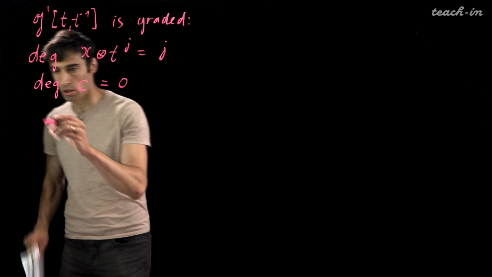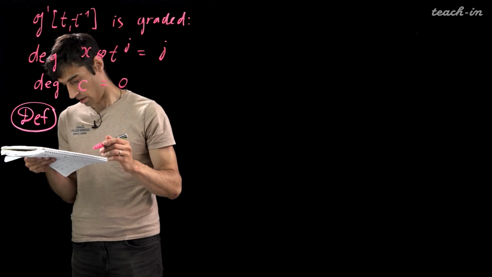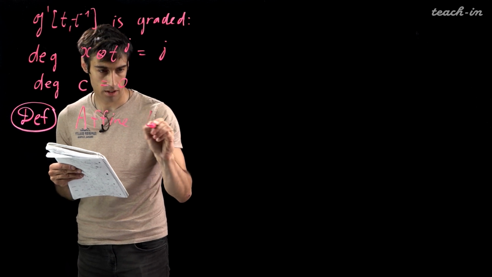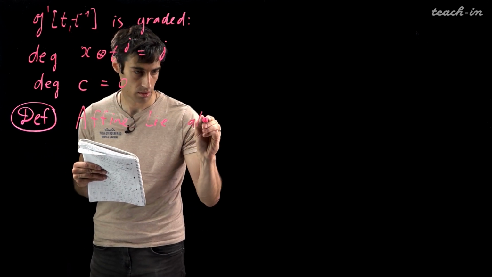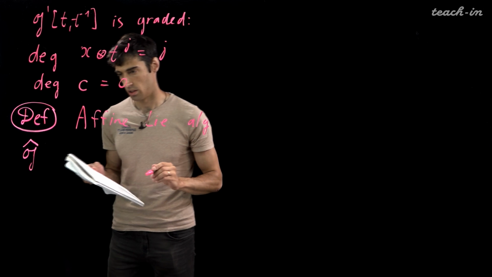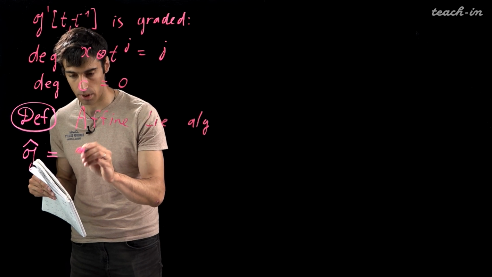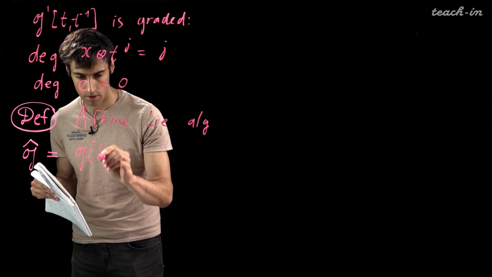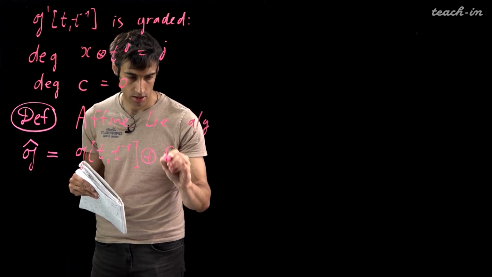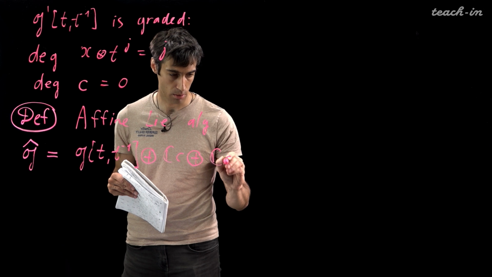Okay, and so finally I define the affine Lie algebra to be the following. It is denoted as g hat, and as a vector space it is the loop algebra, then I add the central element, then I add an adjoining derivation.